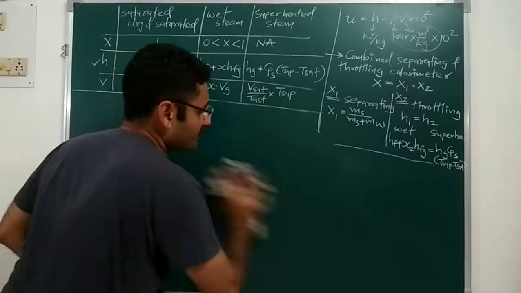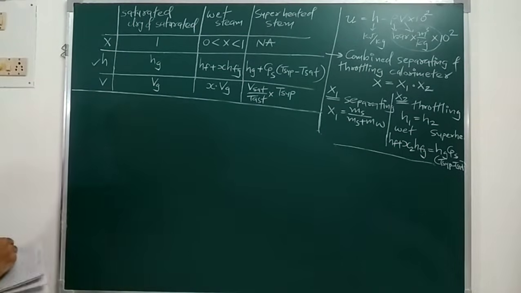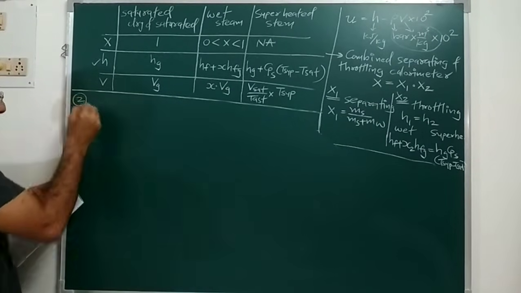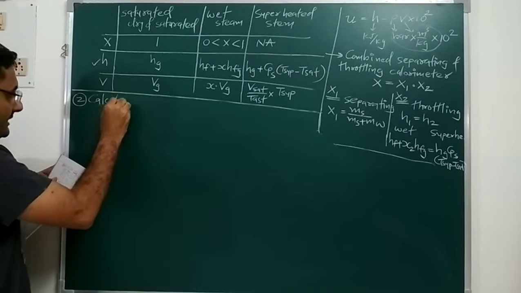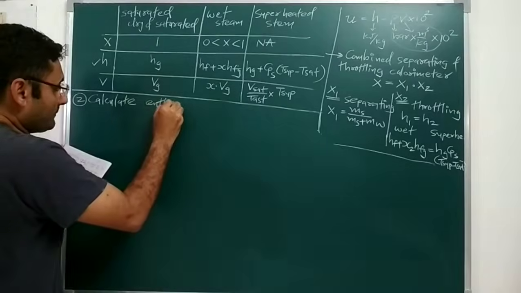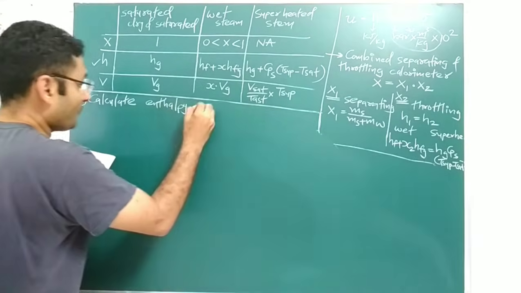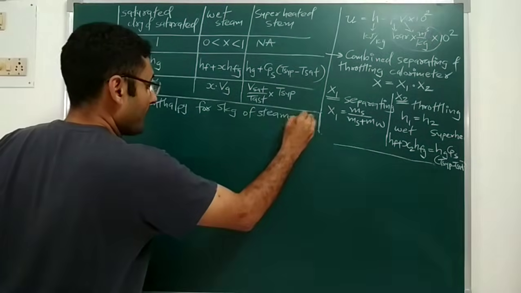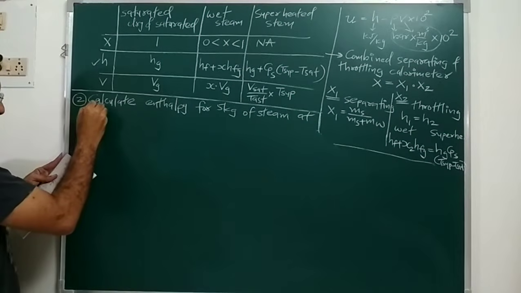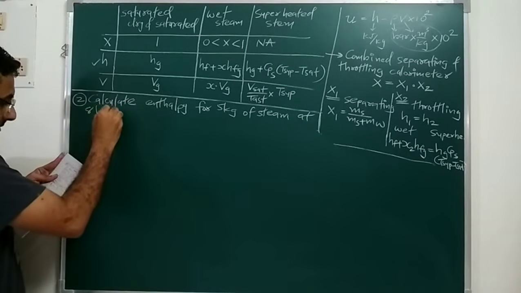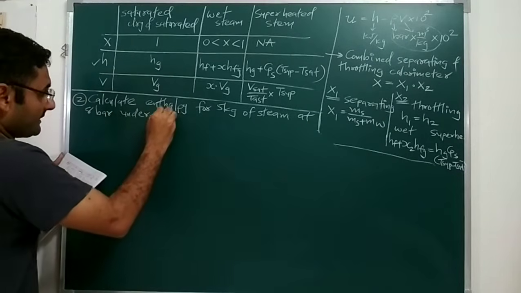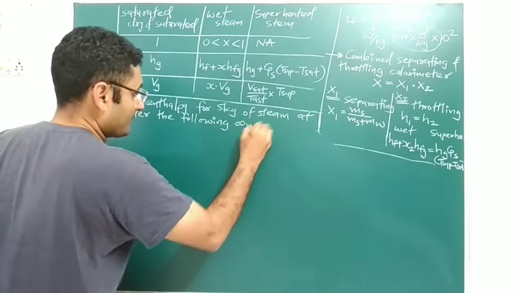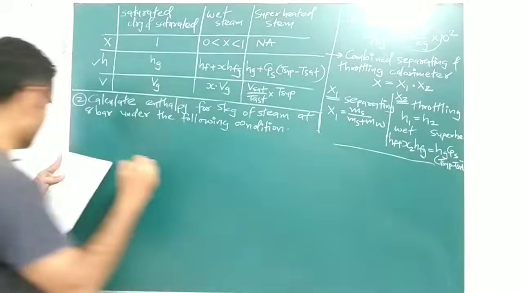Okay, next numerical is second numerical. Calculate enthalpy for 5 kg of steam at 8 bar under the following conditions. Which conditions are given?